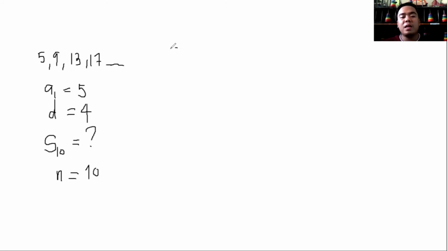So from the formula, S of n is equal to n over 2, brace, 2a sub 1 plus quantity n minus 1 times d. Remember, this is the formula in finding the sum of an arithmetic series.